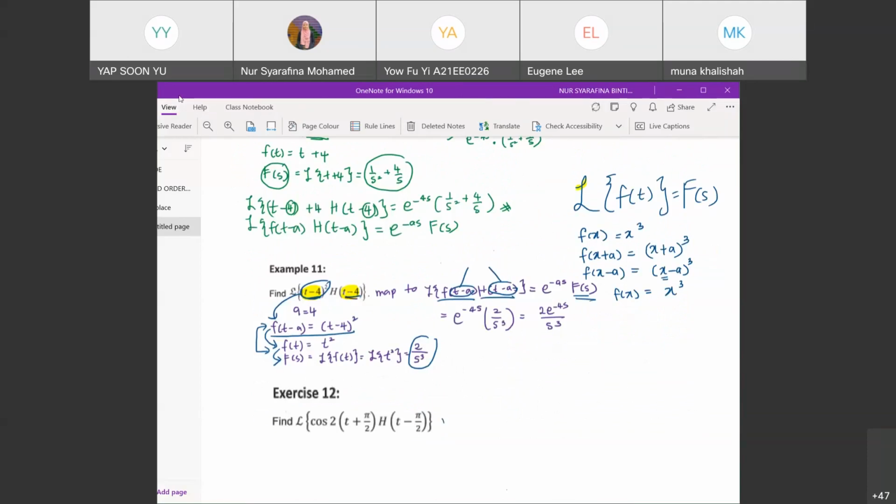This one we can map to f(t minus a), h(t minus a).